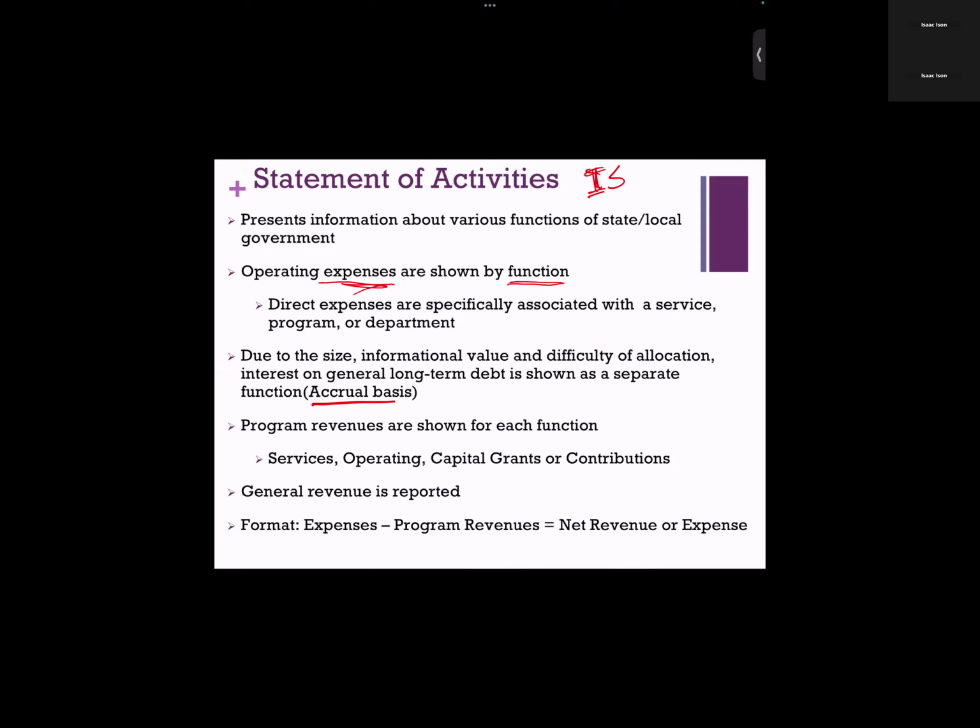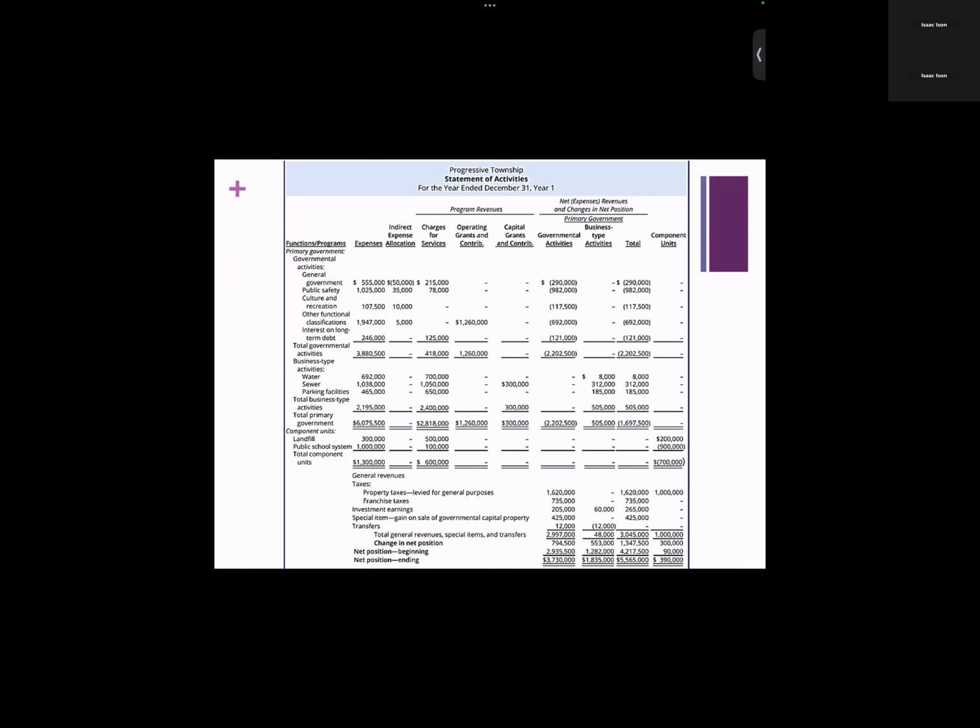So you'll see the format is very different here. So remember this statement of activities is set up as expenses first, then our program revenues gives us net revenue or expenses. Then down at the bottom, we'll just jump to here. This is better.